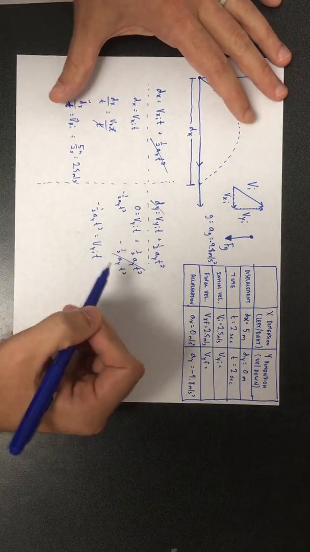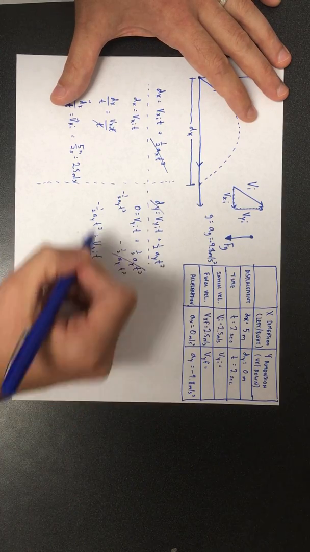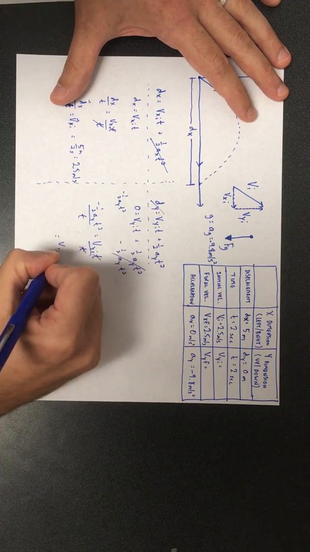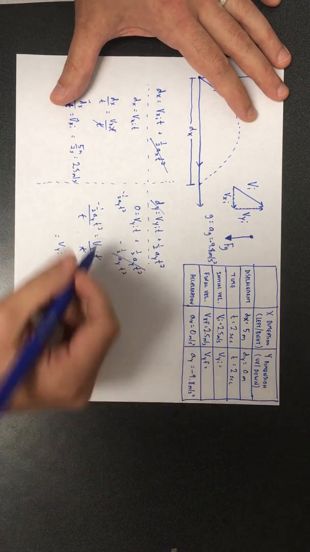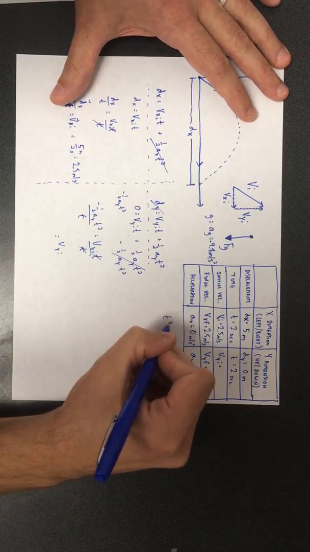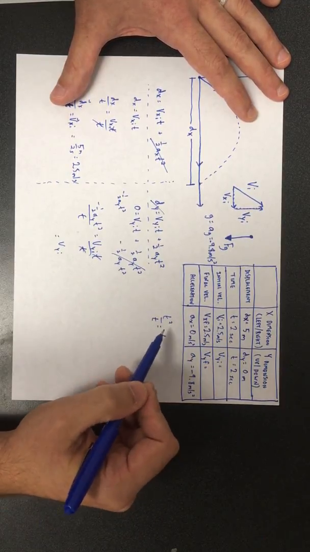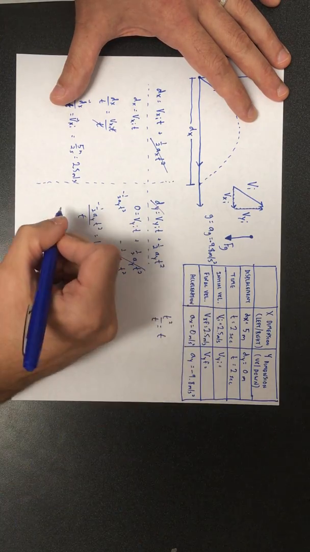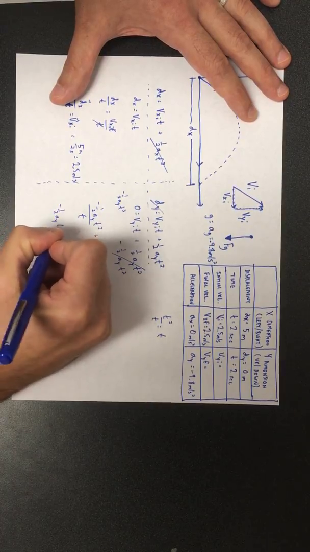Now we're looking for vyi, so we're going to divide both sides by t. That cancels that off, and we have vyi equals negative 1/2 ay t squared over t. T squared over t just equals t, because t squared is t times t, divided by t just leaves one t left. So we now have negative 1/2 ay t.